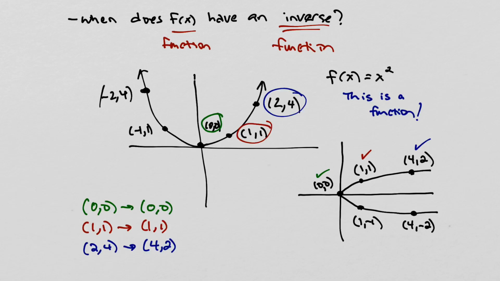And then we can do the same thing for these other points. For instance, negative 1, 1, if we flip those around, we get 1, negative 1. And if I take this point negative 2, 4 and flip it, I get 4, negative 2. So if we just switch each of those x's with those y values, this parabola that opens up now becomes that parabola which opens to the right.